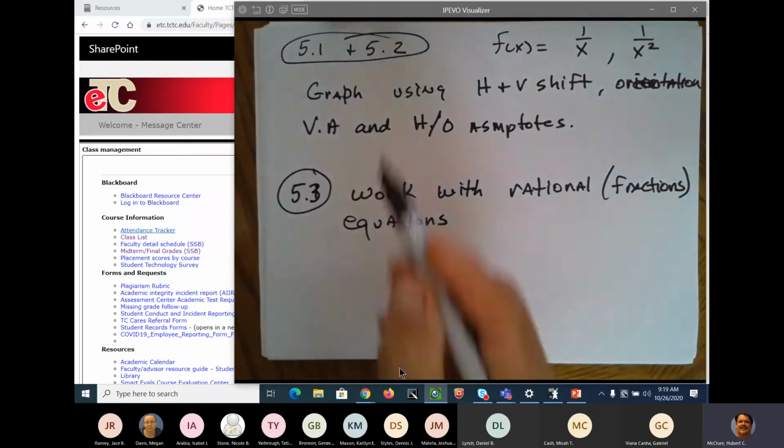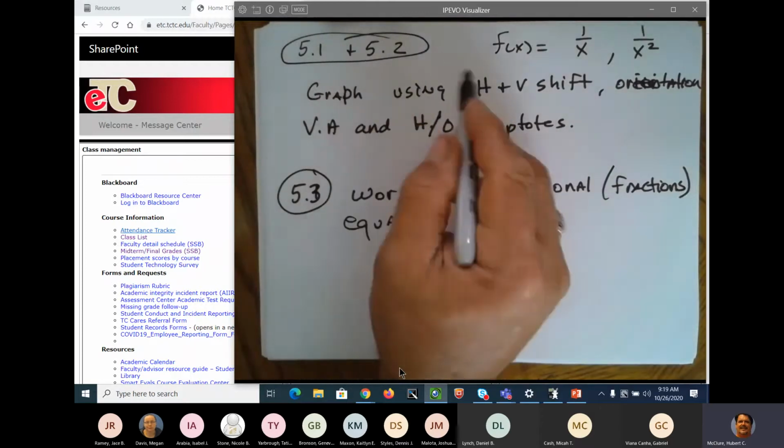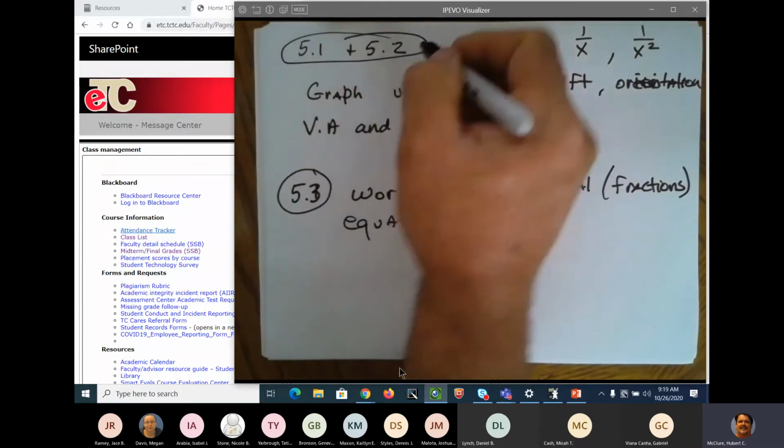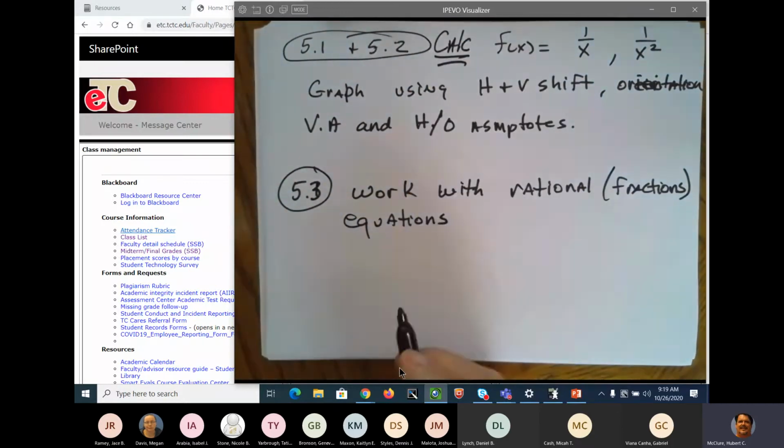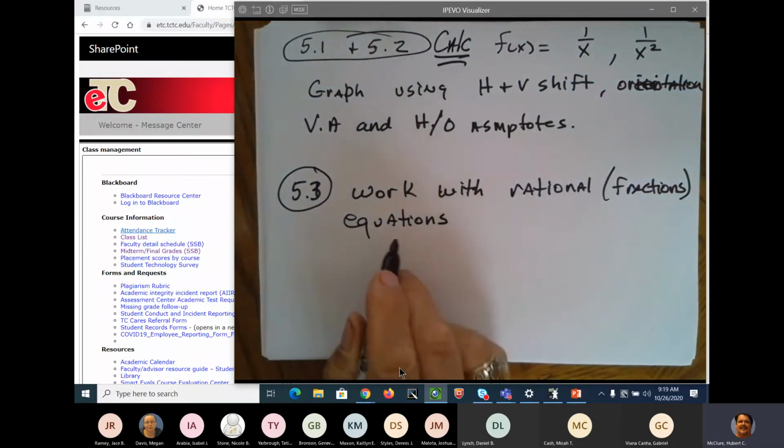So in 5.1 and 5.2, you can do a majority of the work on the calculator. Not so fast with 5.3. You've got to use your old algebra skills. Of course, most of y'all are going to struggle with that, so you're going to have to work at it.